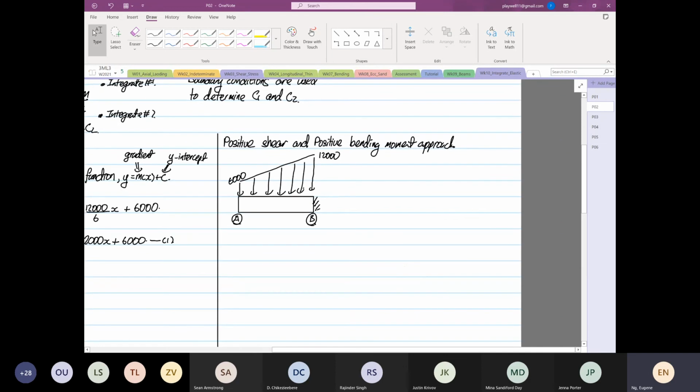After that, we construct our free body diagram. We know at point A there's nothing. At point B, we know there is a By. And then we know there's a moment at point B. So we are going to find our equivalent load.